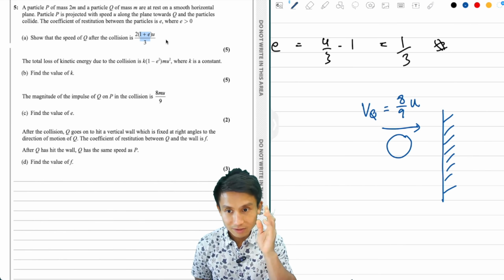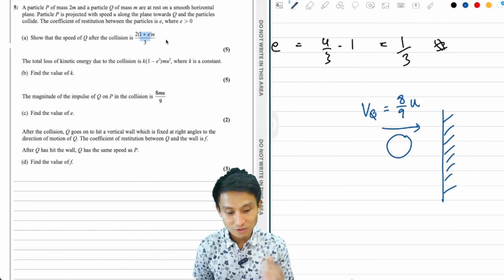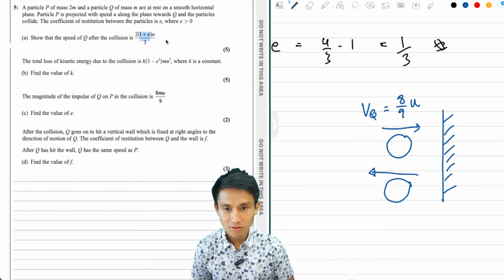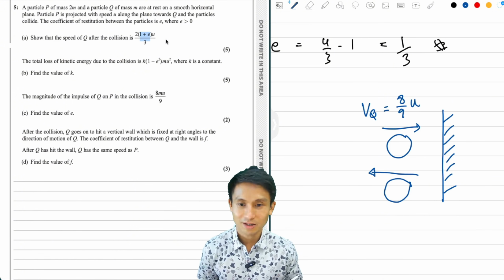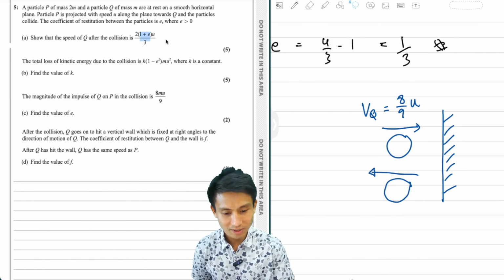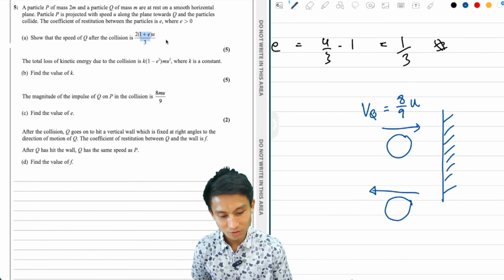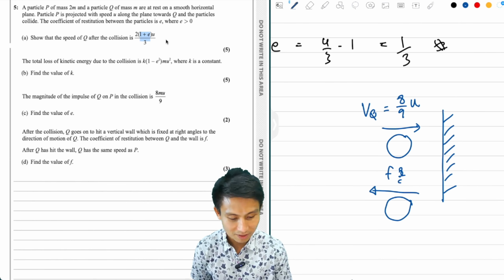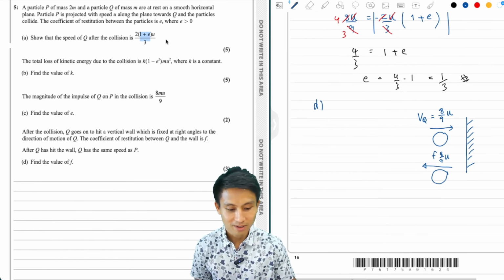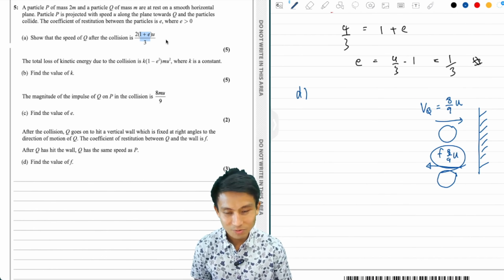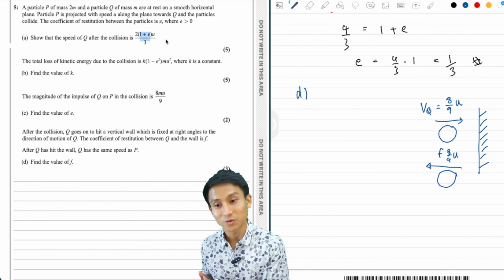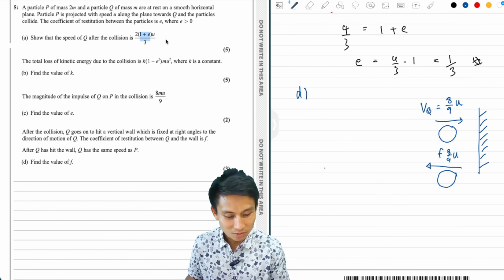And then because we are given the coefficient of restitution, after colliding with the wall, it is simply F multiplied with this. So the speed after hitting the wall would just be F times the initial speed before hitting the wall. Okay? And it is saying that this speed is equal to the speed of P after the first collision with Q, which is what?